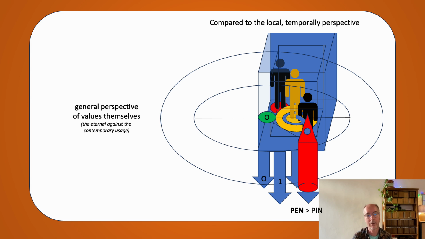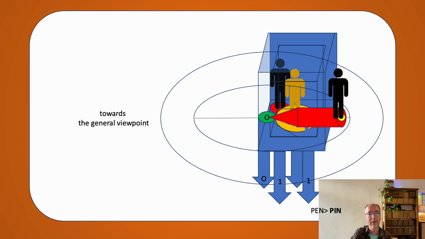But when I change one letter from pen into pin, then I have to follow the E position. The E is the insertion, which goes towards the new 0 point, the gravity point actually, that connects everything.